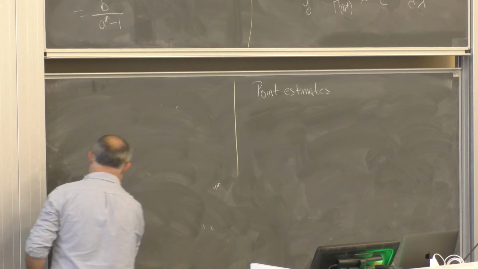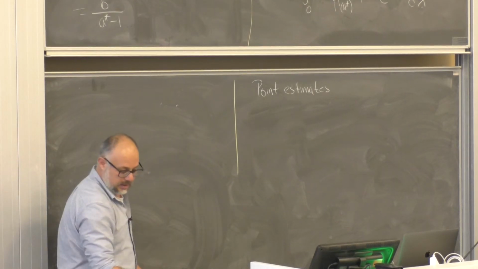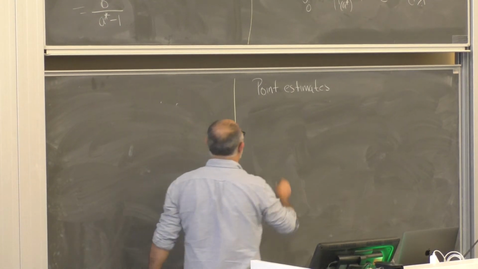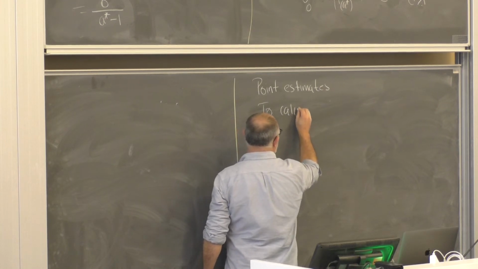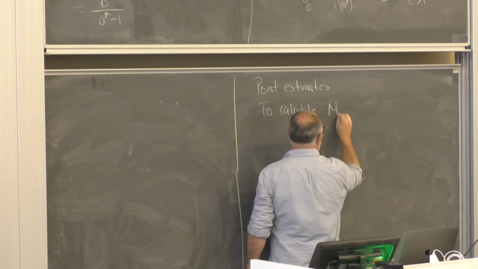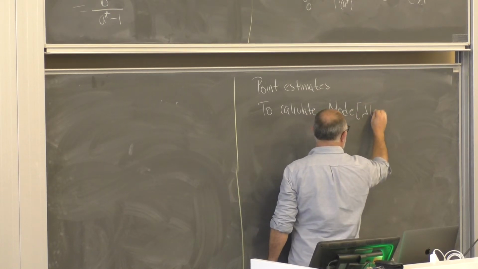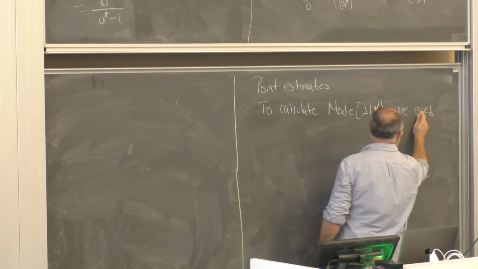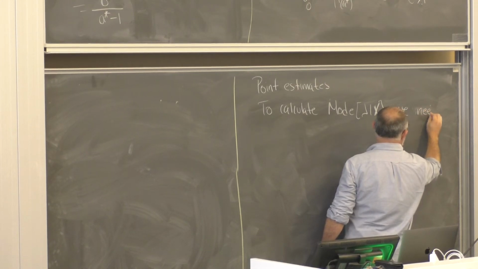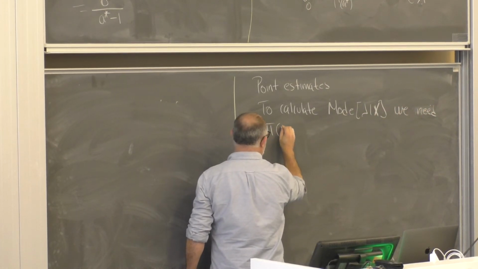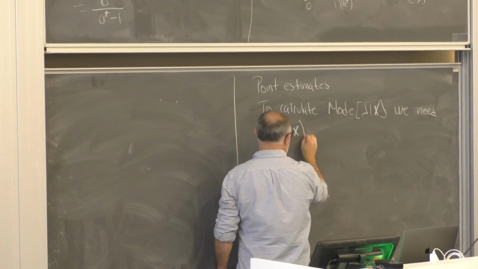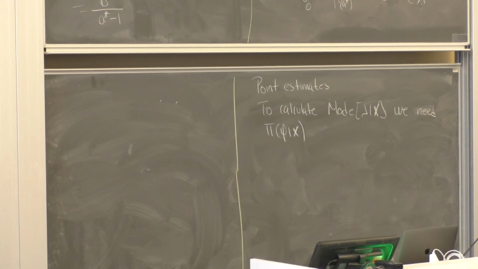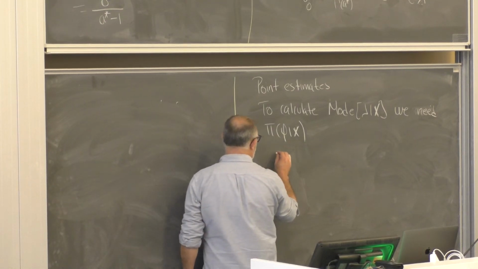However, if we want to calculate the mode, we will need the posterior distribution of phi, because we need to optimize that distribution.